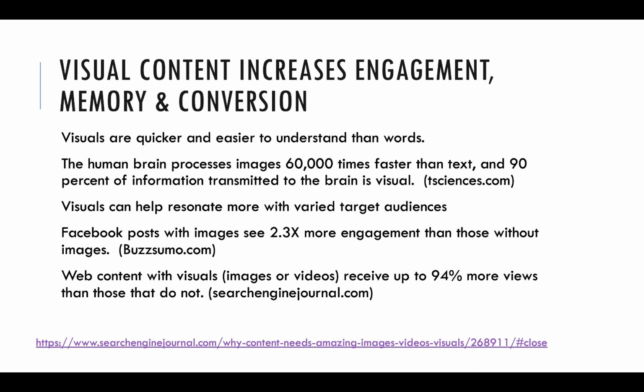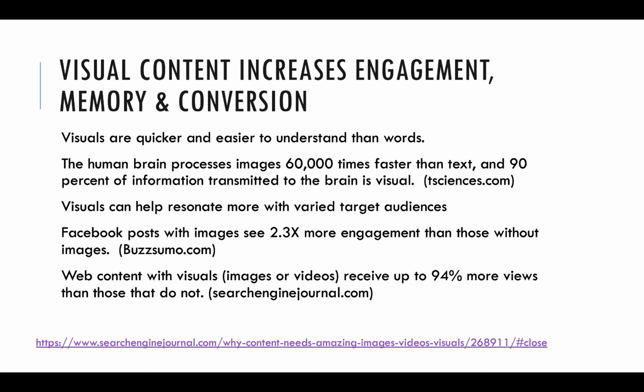All right, I want to start out a little bit by telling you why imagery is so important. So visual content is anything beyond text that you are going to use in any of your digital marketing or in your print marketing or anything else for that matter. But the reason why it's so important is because as human beings, our brain engages more and better with visuals than words.